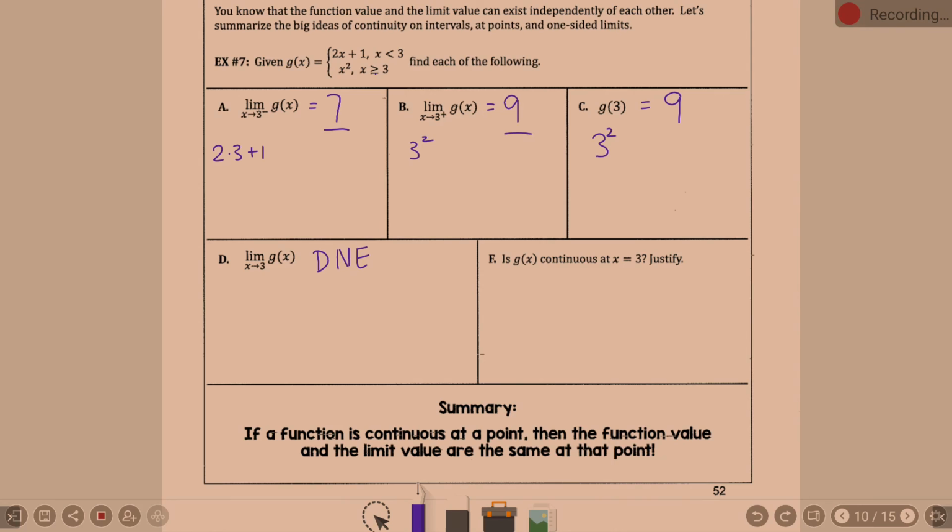Is g of x continuous at x equals 3? No, those limits do not agree. The limit as x approaches 3 from the left of g of x does not equal the limit as x approaches 3 from the right of g of x.